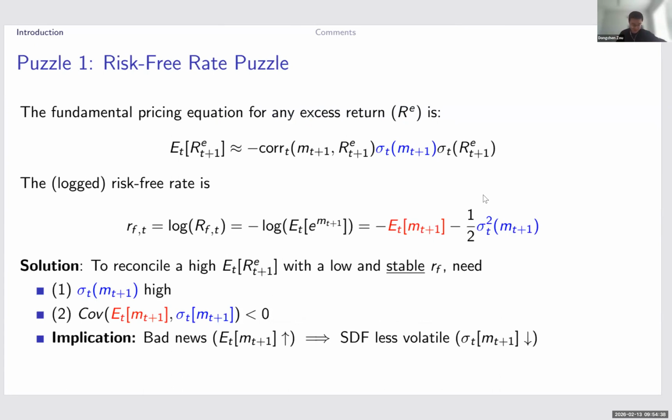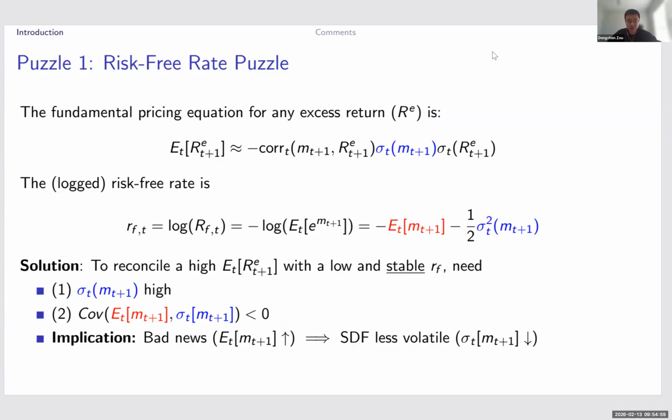So what this paper is talking about is two puzzles. The first one is, in the standard asset pricing model, we have the equity premium puzzle, but the twin puzzle is the risk-free rate puzzle. So let's take any security's return.